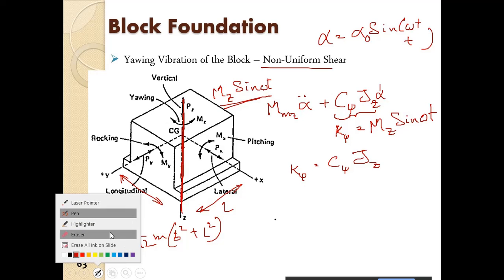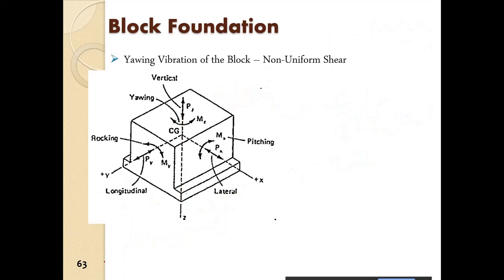So we have the equation of motion now. The equation of motion is the mass moment of inertia about the z-axis into the angular acceleration, plus c psi into J about the z-axis into the angle of rotation alpha, equal to mz sine omega t.